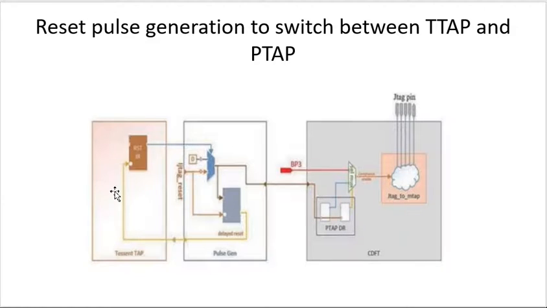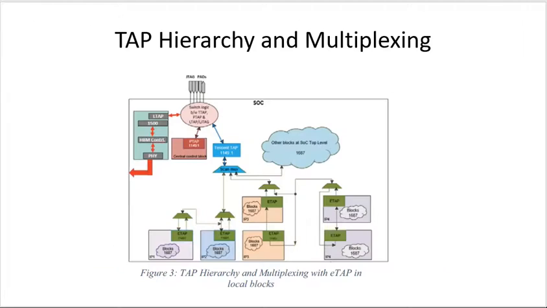Switching from this particular IO to this particular IO was a major problem, and there were constraints with the non-Tessent tools and methodologies in the flow as well. This shows the location of the added logic between TTAP and PTAP protocols. If we see this particular tab hierarchy, it shows that it had a higher abstraction level.